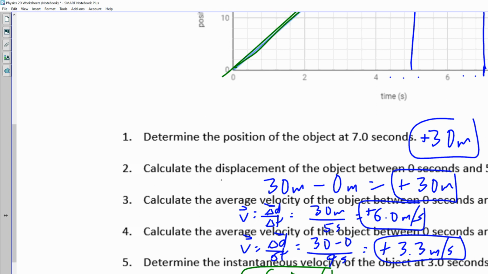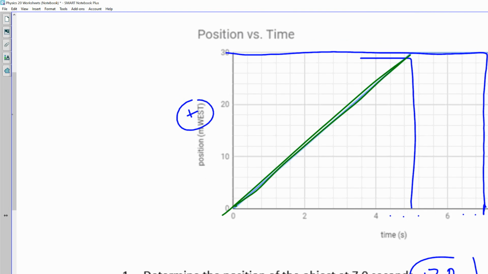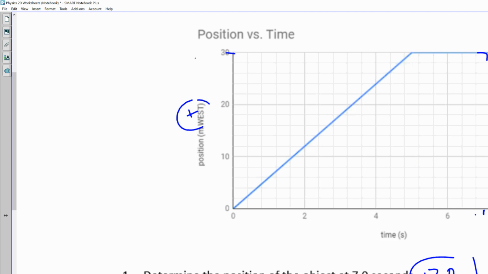What's the instantaneous velocity at 8 seconds? That's a good one. Well, that's a straight line. But what does that straight line mean? That flat straight line on a position-time graph. It stopped. Everywhere. It's constant. We stopped between 5 seconds and 9 seconds.